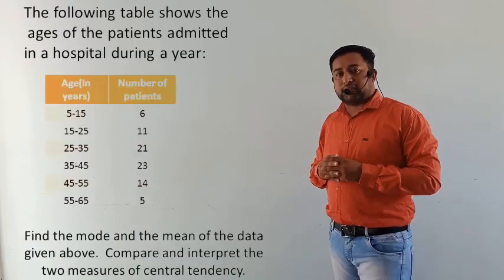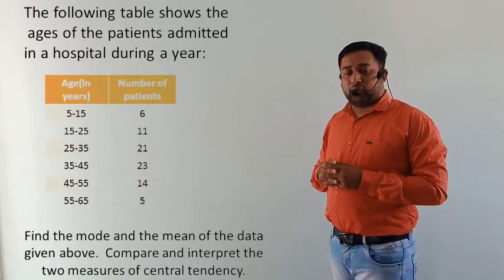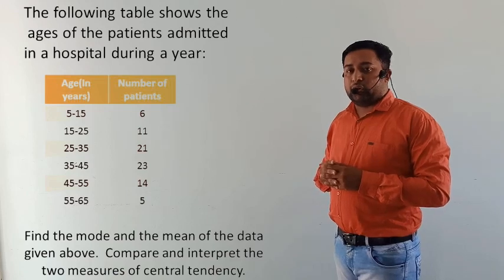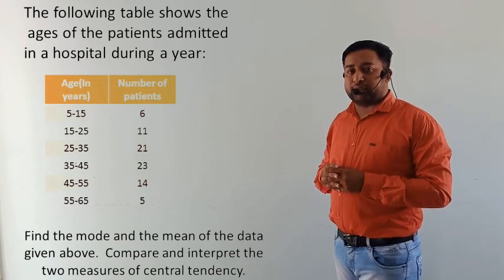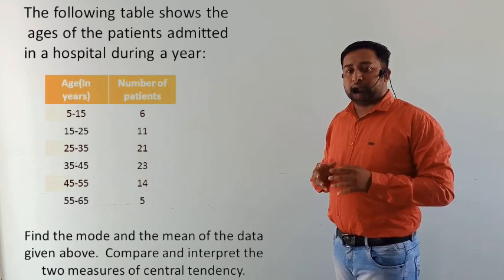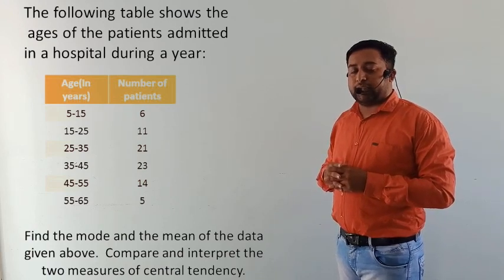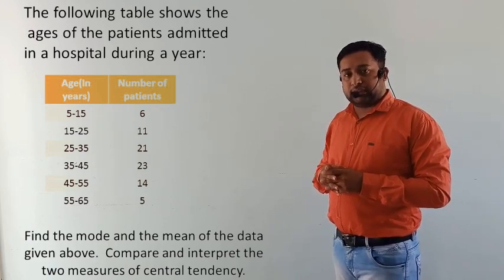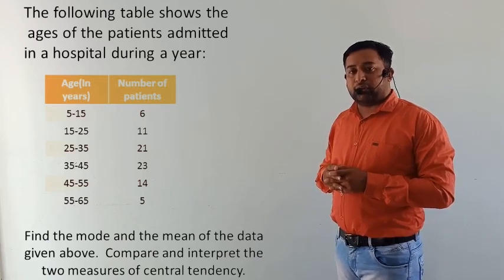So here we are starting our first question, which says the following table shows the ages of patients admitted in a hospital during a year. The table shows age in years and number of patients.